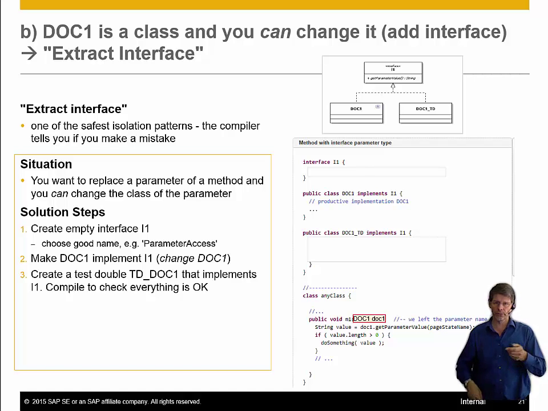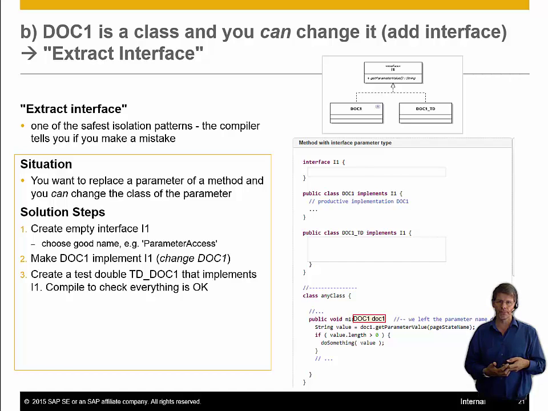Step number one, you look at the red box on the bottom there. This is the code example. We'll go step by step. So first of all, solution steps: you create an empty interface I1, and you see it in the code already. It's up there, interface I1 on the top of the code. Then you make doc1, so the class that you want to replace, implement it.